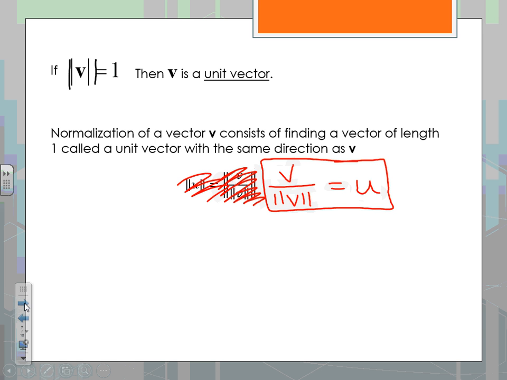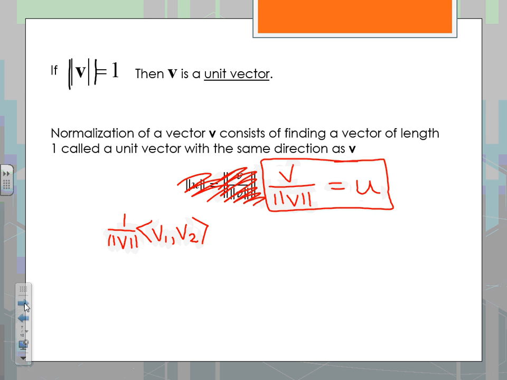Do you believe me that that would work? Anything divided by itself... So that is our vector.